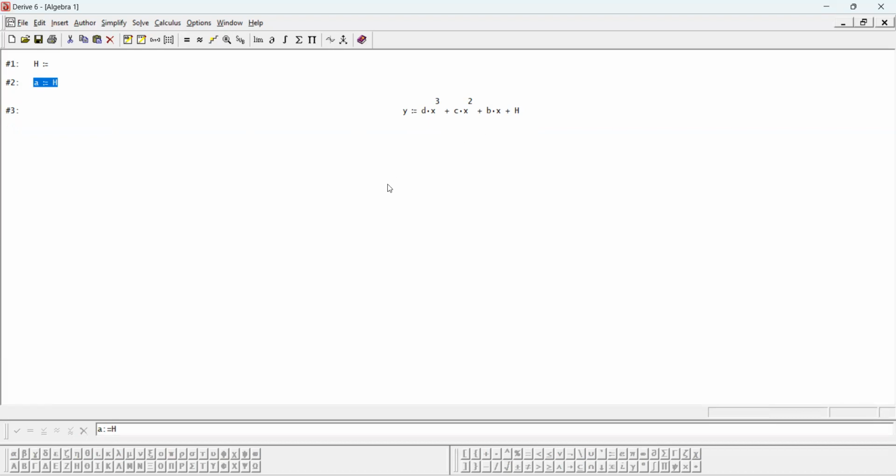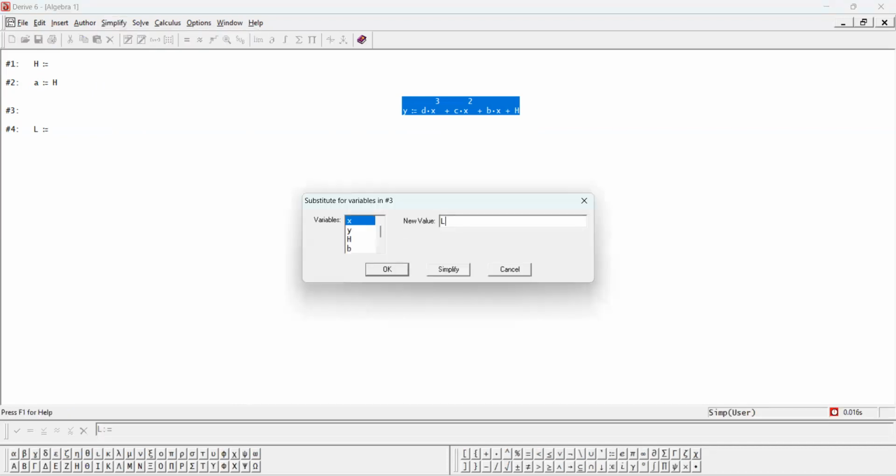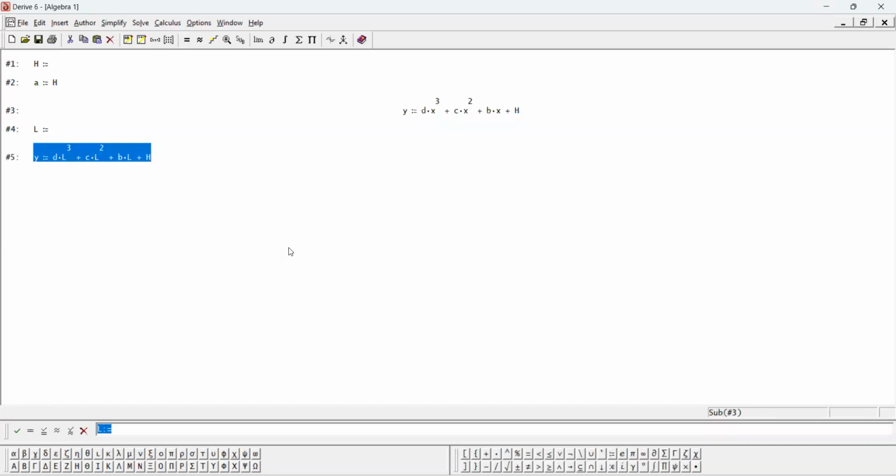Now, when x equal to L, we're going to make an equation like that. L is a variable. When x equal to L, y should be equal to 0. So we simplify, we substitute x equal to L here. So y should be equal to 0, we can write it like that.